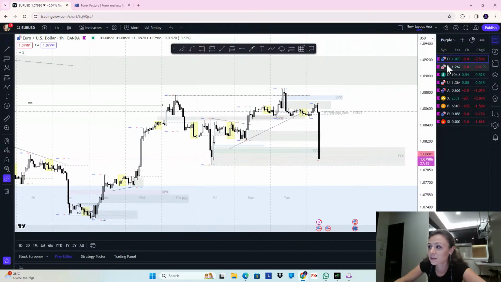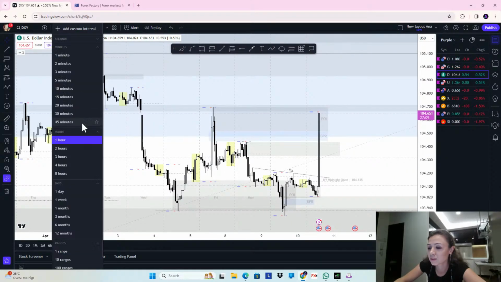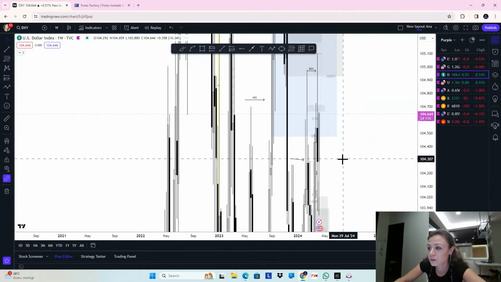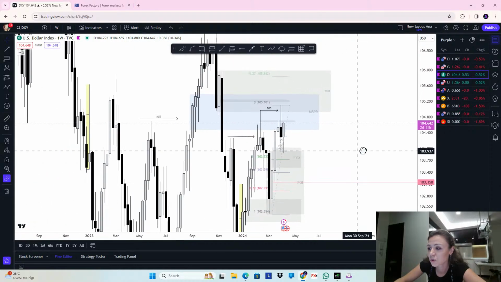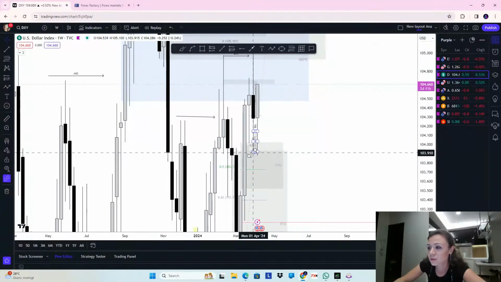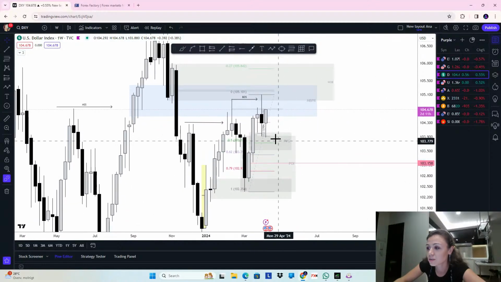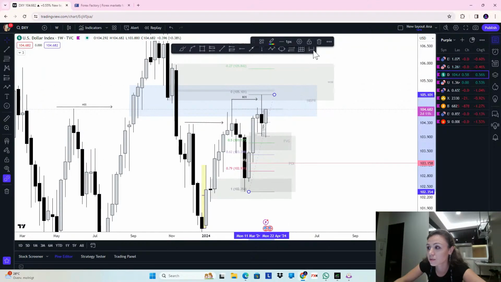Another thing to keep in mind is that DXY tested the fair value gap we have on the weekly time frame. So I said that once we hit this sell side liquidity, which was the previous weekly low, we might see price pushing higher from here, because there is never a guarantee that price will retrace 50% or more than 50%.